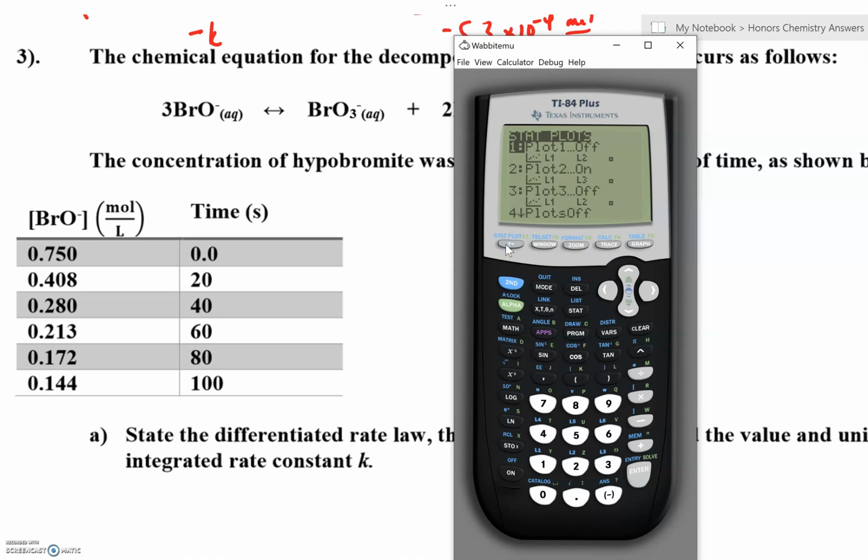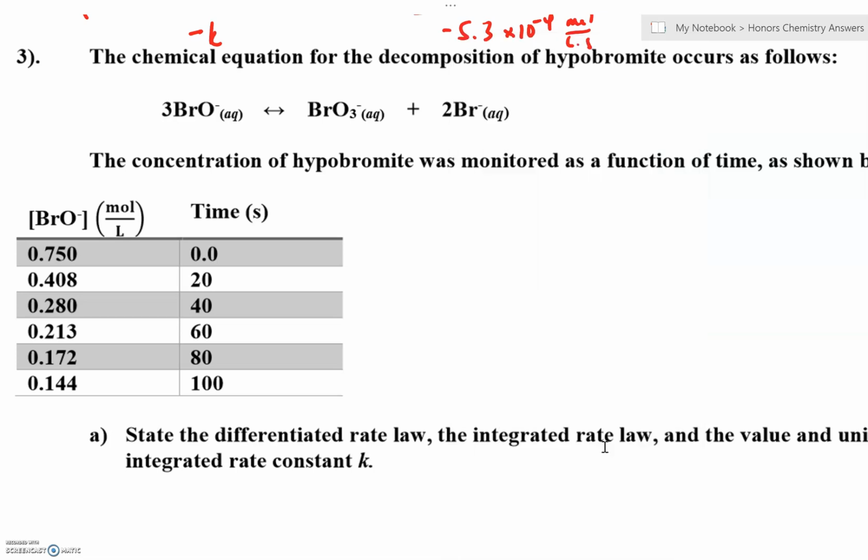Or you could simply go to plot 2, which is already on, and tell it not to graph L1 versus L3, but L1 versus L4. So you don't have to do all the other stuff. So now let's graph. Zoom 9. I thought it was going to be a second order reaction, and that is very much a second order reaction.